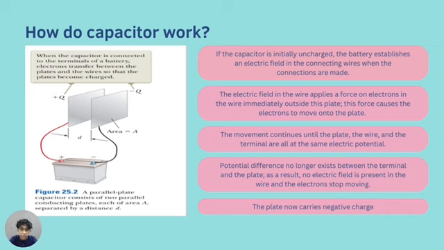This force causes the electrons to move onto the plate. The movement continues until the plate, the wire, and the terminal are all at the same electric potential. Potential difference no longer exists between the terminal and the plate. As a result, no electric field is present in the wire and the electrons stop moving. So the plate now carries negative charge.